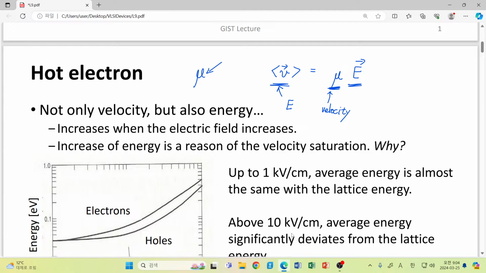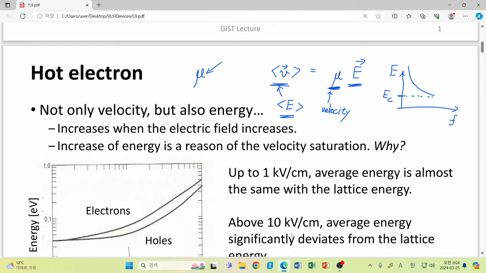For example, if we take the average energy of our electron, what is it? Of course, you may say there are many different electrons. For example, this is the distribution function and this is energy. Let's say that this is EC, and if we adopt Boltzmann statistics, that will be the occupancy.